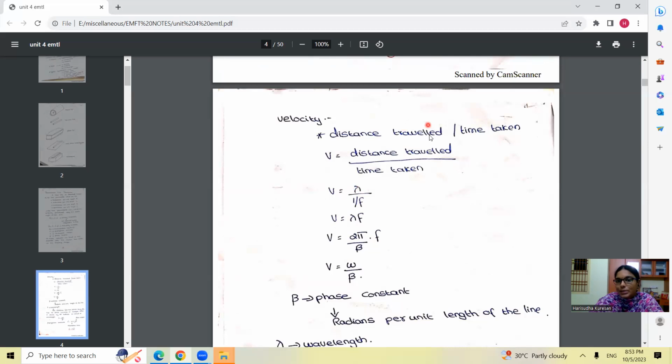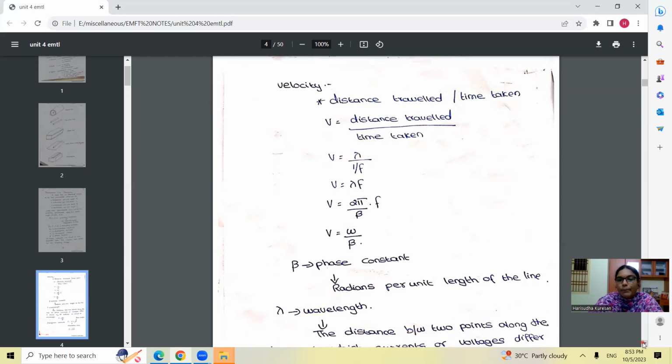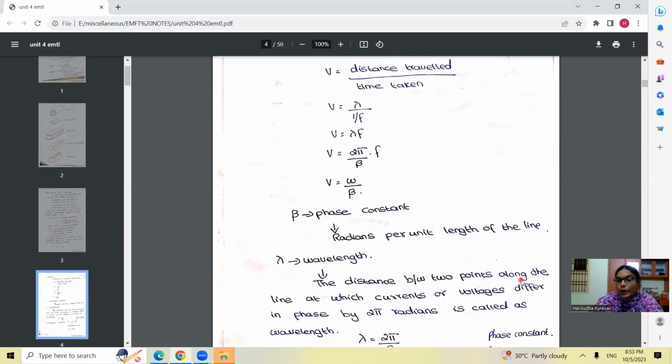Wavelength is the distance between two points along the line at which the current or voltage differ in phase by 2 pi radians. So we have velocity equal to lambda divided by 1 by f, so I can write v equals lambda into f. This lambda can be written as 2 pi by beta.